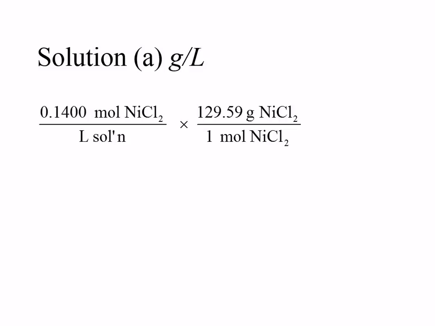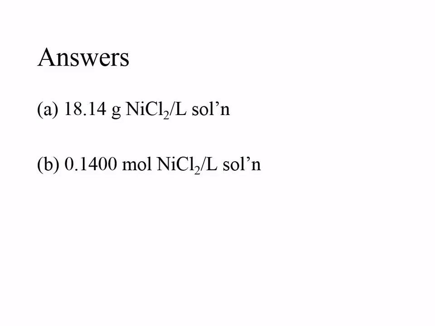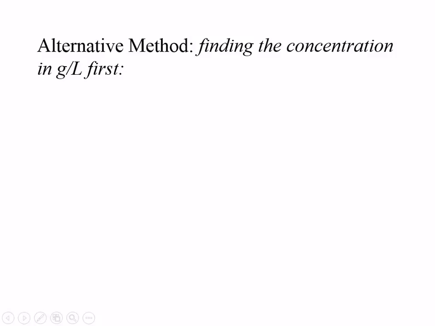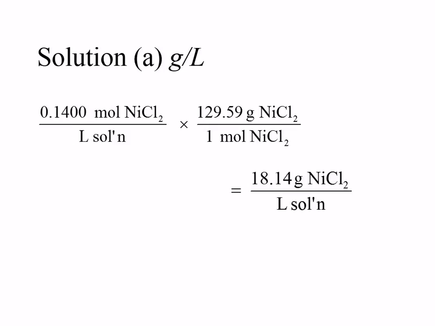Moles will cancel, and we're left with grams of NiCl2 per liter of solution, which is wonderful. We're limited to 4 significant figures because of the first term. So I get 18.14 grams. And like I said, I might even just do 18.14 g/L, but I probably would say NiCl2.